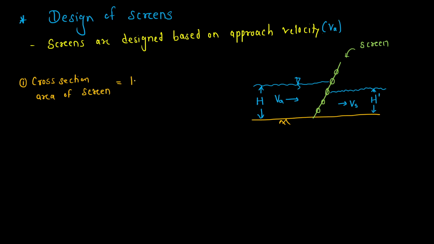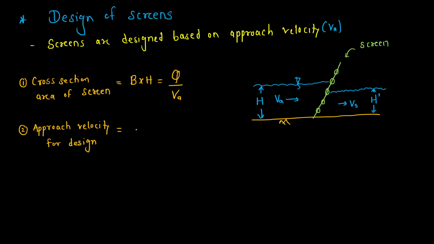It can be calculated as B into H, and in terms of discharge and velocity we can calculate it as Q divided by approach velocity. With the help of this we can calculate the cross sectional area of the screen. So the approach velocity for design that we will take.